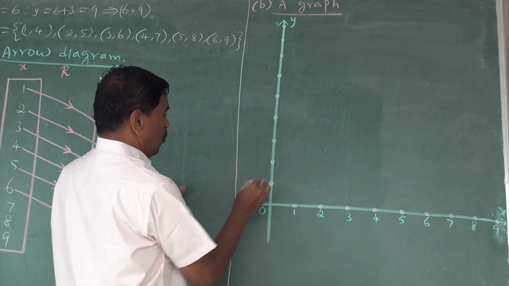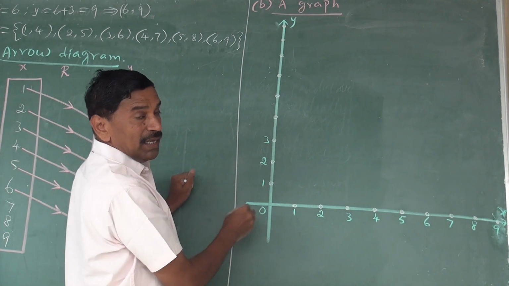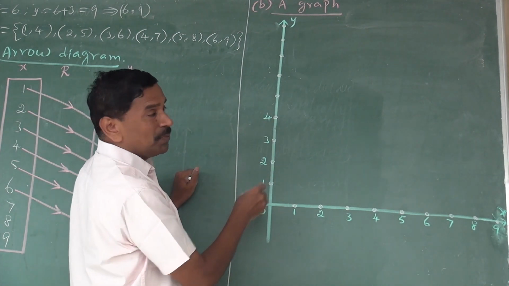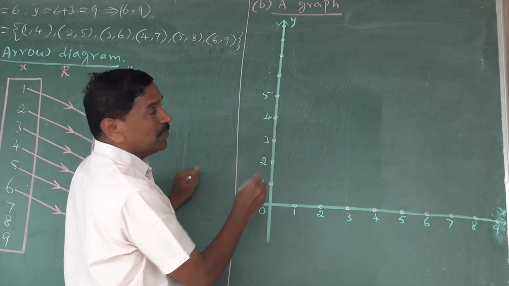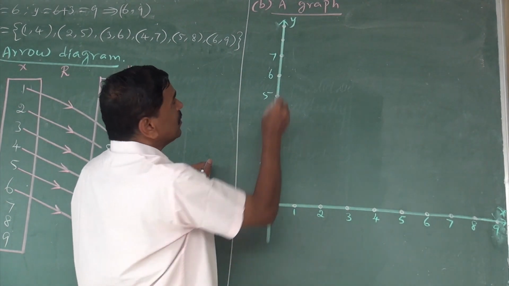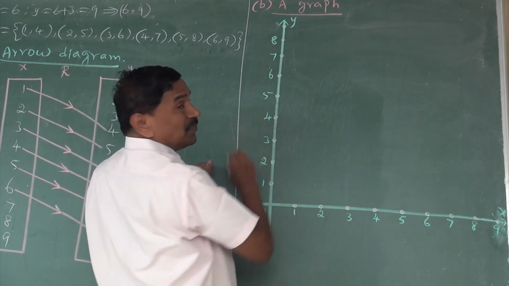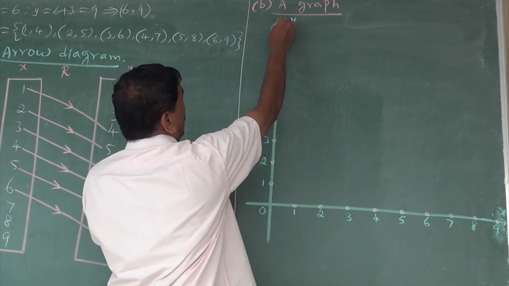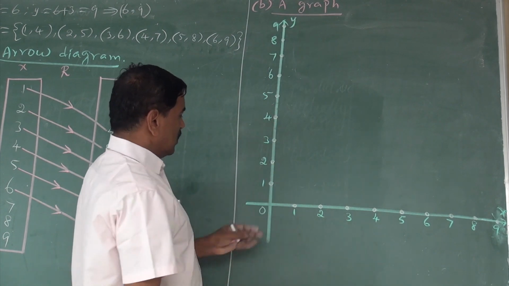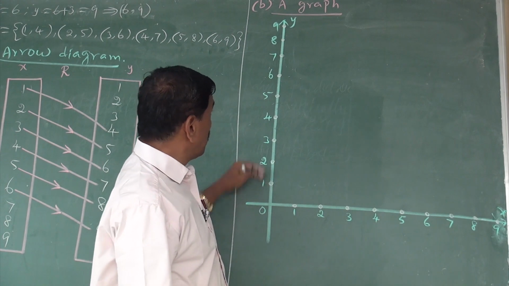Listen. 1, 2, 3, 4, 5, 6, 7, 8. Last one is 9, up to 9. That's all. So x can take the values 1 to 9, and y can take the values 1 to 9.